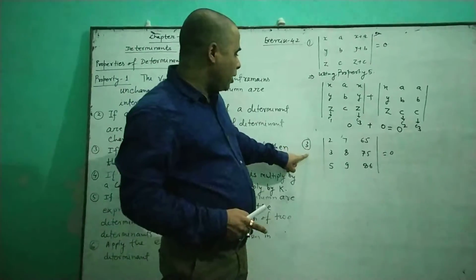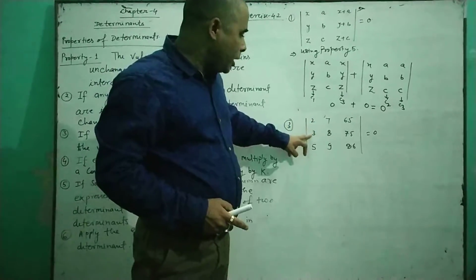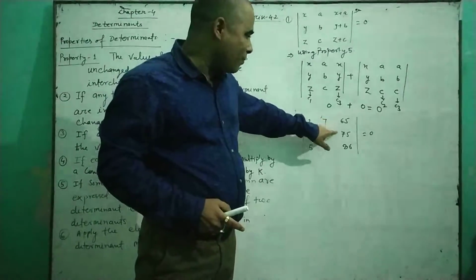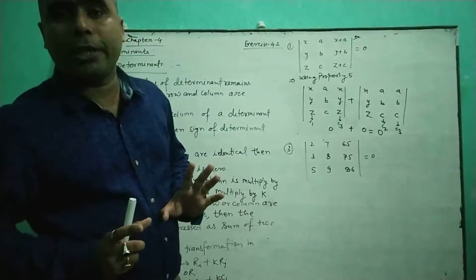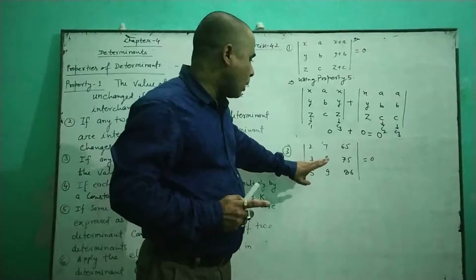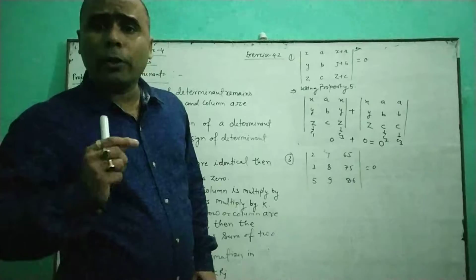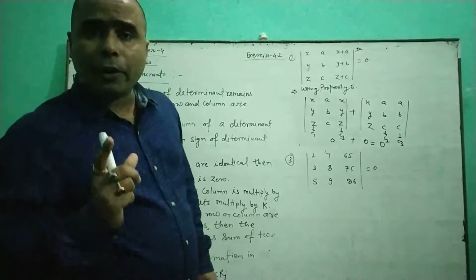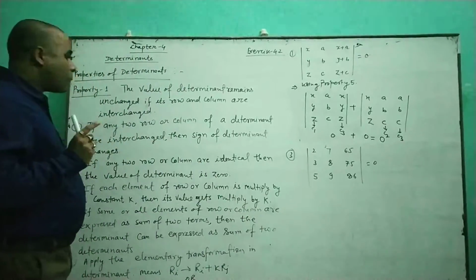Question number 3 asks: 2, 3, 5, 7, 8, 9, 65, 75, 86 is equal to 0. By using the property, prove that the value of this determinant is equal to 0. How can we prove that it is equal to 0? We have to use property 3.